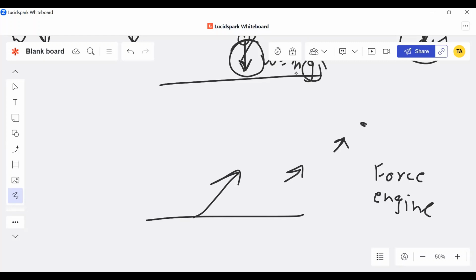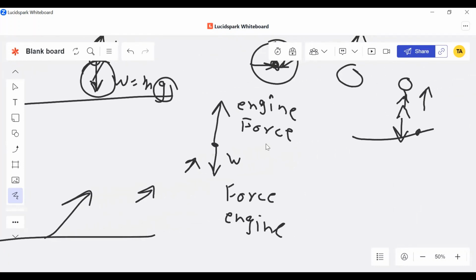But this plane will have weight, which will still act downwards. The weight acts downwards, but the force that is causing the plane to go upwards is the engine force. So the point I'm trying to make is, when something goes upwards, the force providing that upward motion must be greater than the weight.